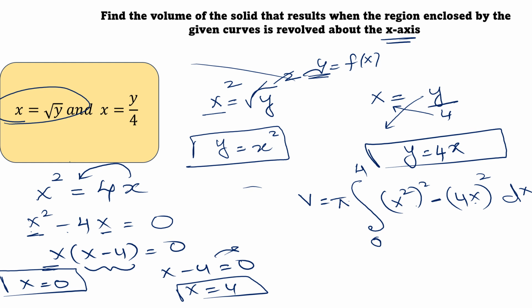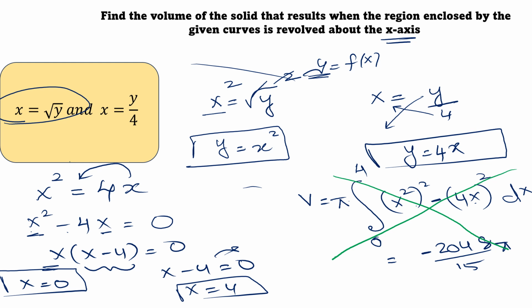Now if I'm writing like this, my answer is minus 2048 over 15 pi. Now just now I have explained that when my answer is coming as a negative sign, it means I am doing a mistake.